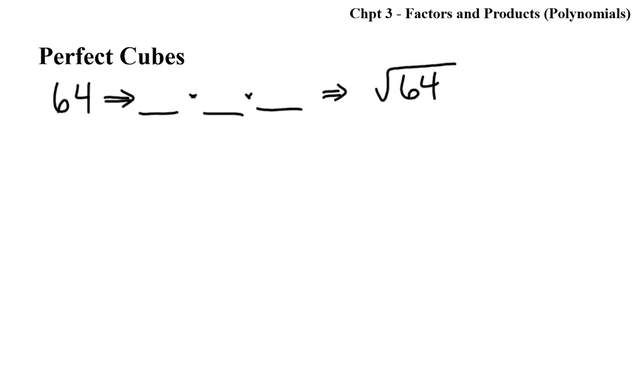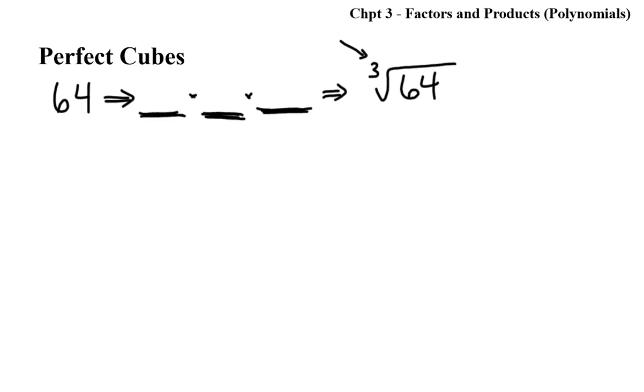Now with perfect cubes, it's a little interesting because if we start with 64 and I want to know what do I multiply 3 times to get 64, well, what we're looking for isn't the square root of 64, but we put a 3 out front. This 3 is telling us it's a cube root value. What are you multiplying 3 times?